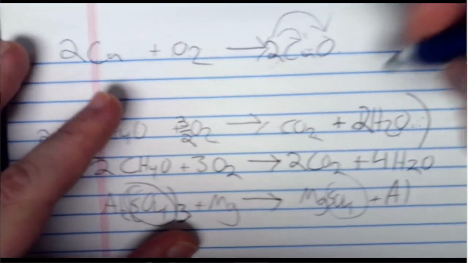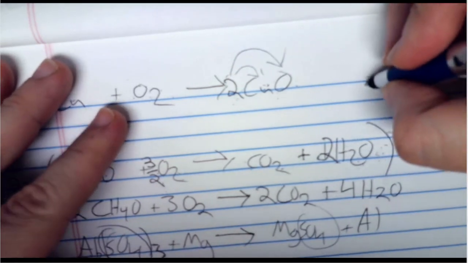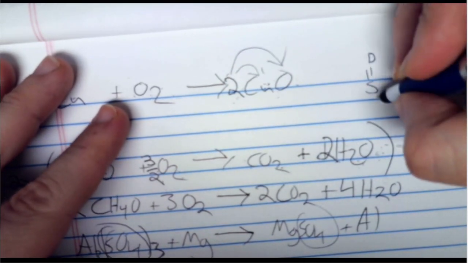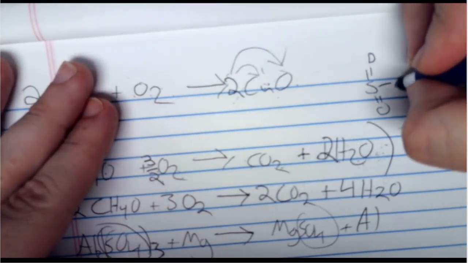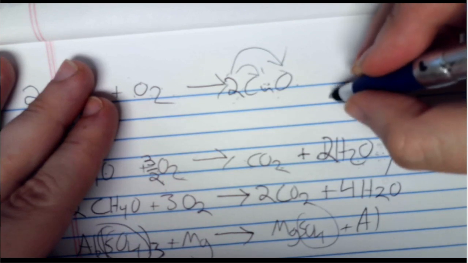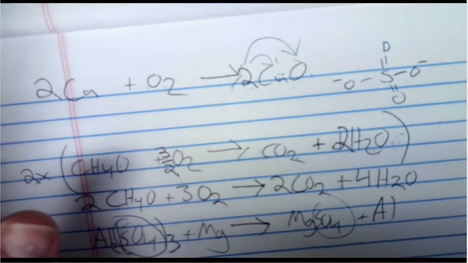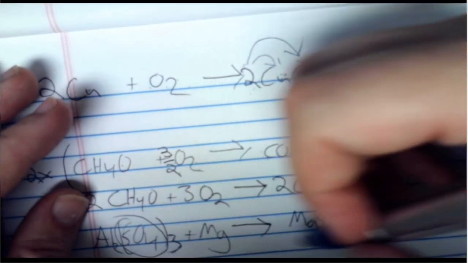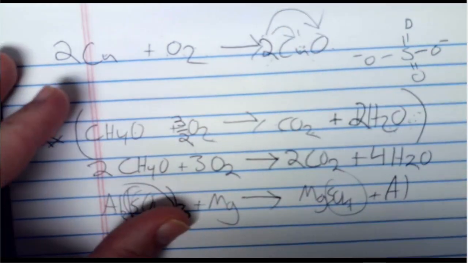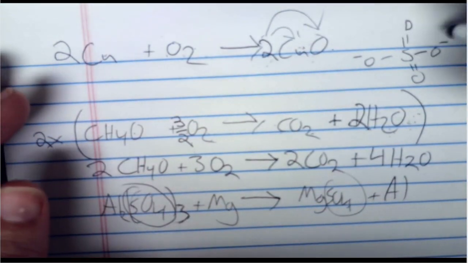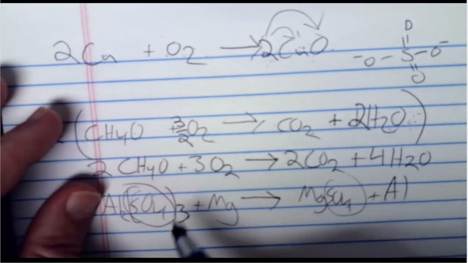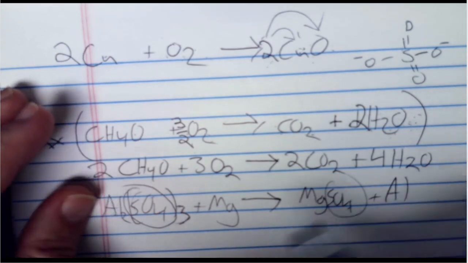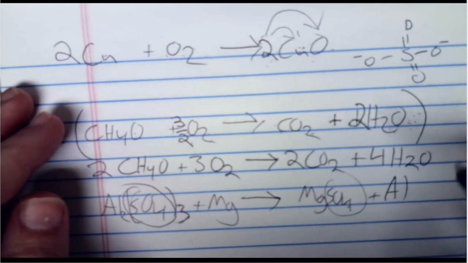As we would have learned in Lewis structures, that sulfate looks like this, and if it's going from one state to another, from here to here, it is not changing. And if it's not changing, we can just leave it as 3 sulfates. 3 sulfates, okay.